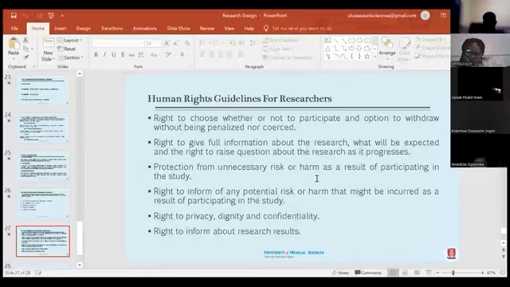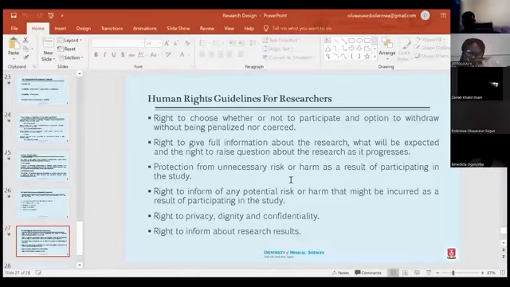Then they also have the right to protection from unnecessary risk or harm. We talked about unnecessary risk or harm as a result of participating in that study. Then the right to be informed of any potential risk or harm that might be incurred as a result of participating in that study is also their right, a personal right.